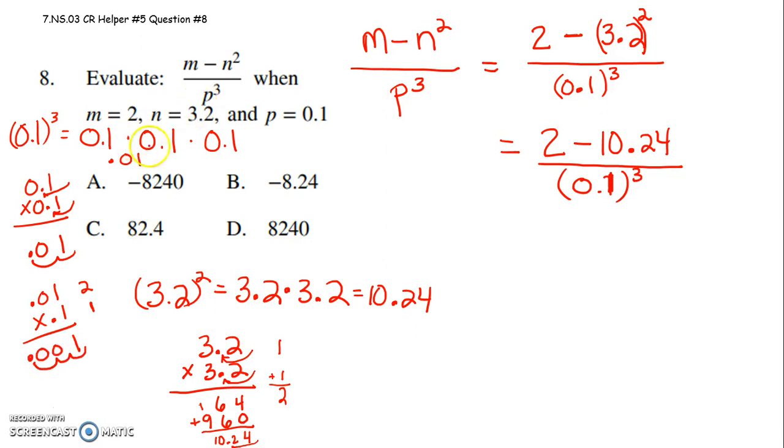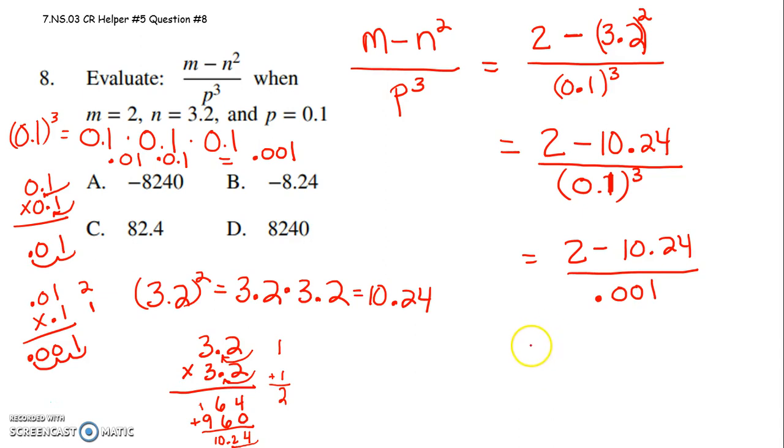So if I then multiply that by 0.1, I actually come up with 0.001. So then I have 2 minus 10.24 in the numerator. My denominator, once I multiply that out, is 0.001. Lots of math happening, lots of calculating here.